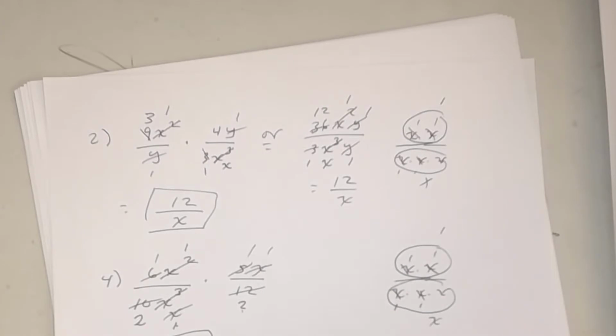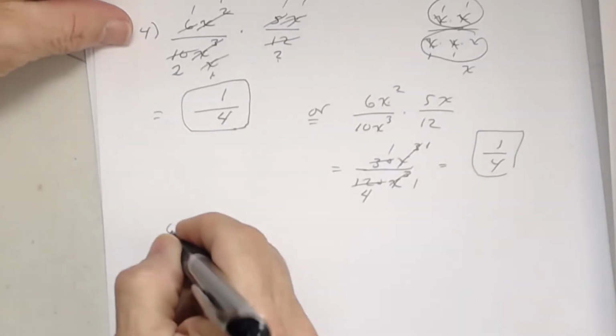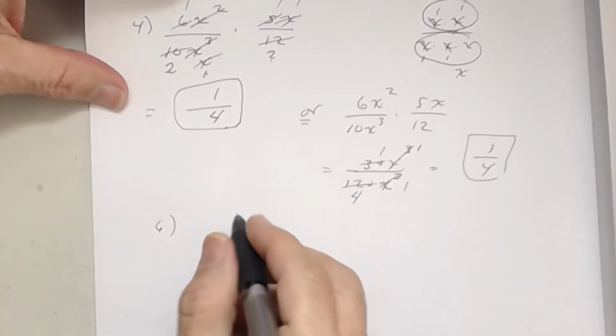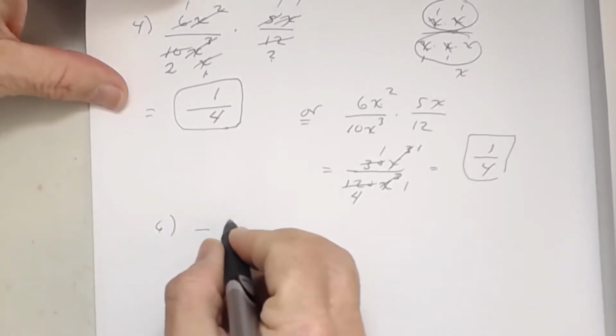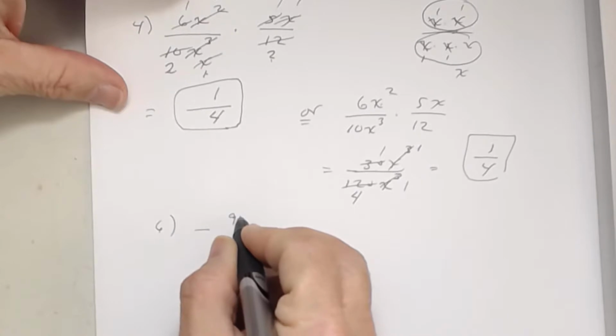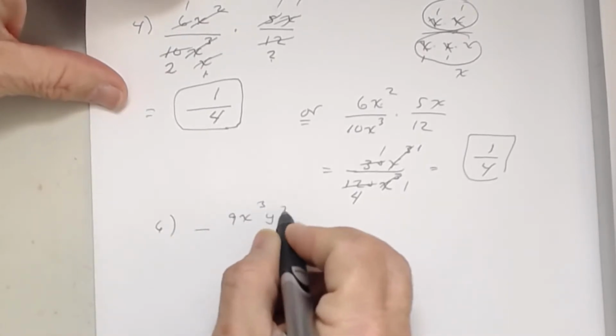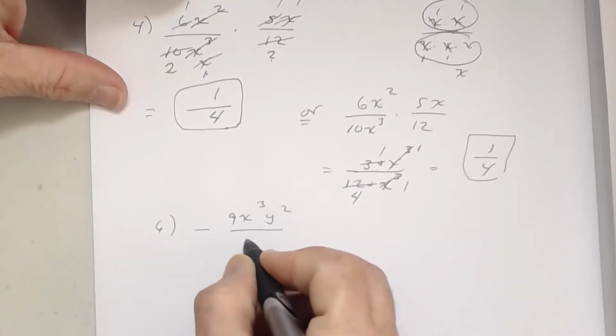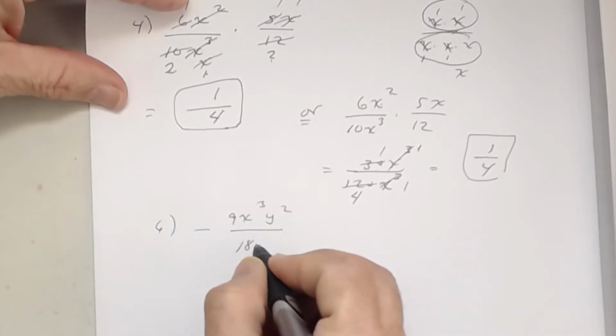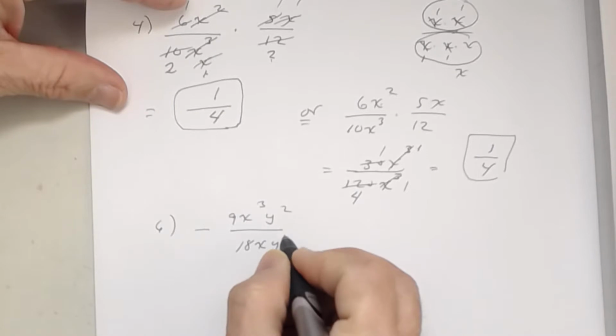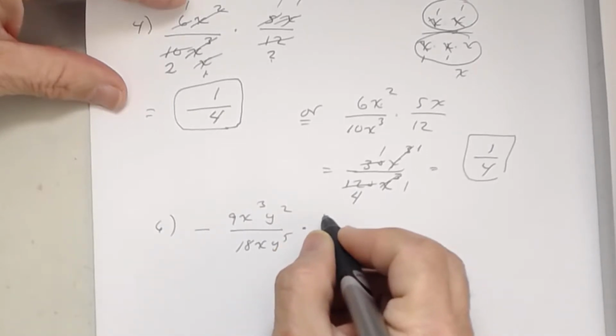All right. Now, when you do number 6, you have this: negative 9x cubed y squared divided by 18x y to the 5th times y cubed.